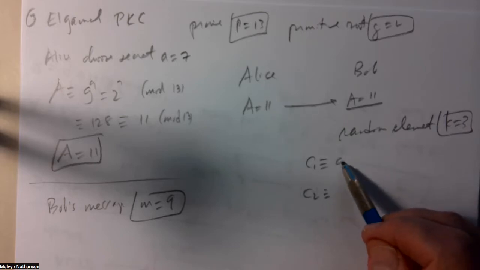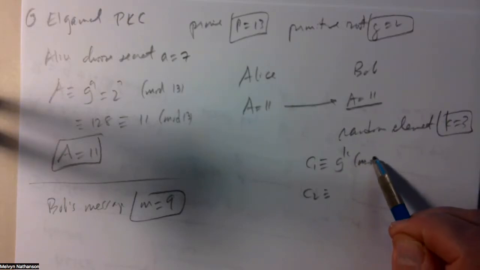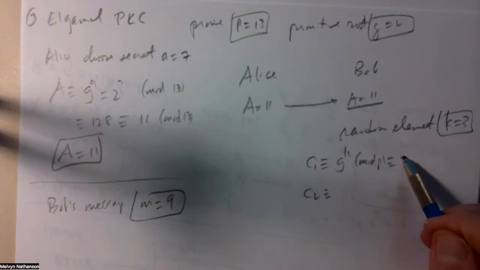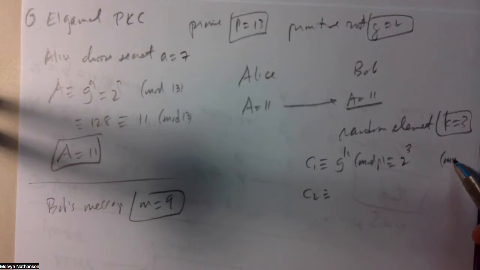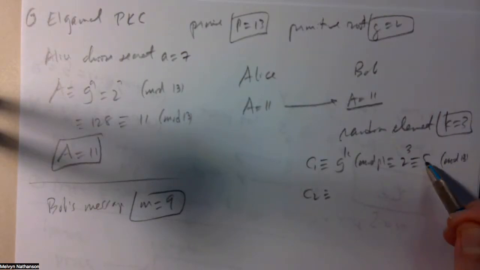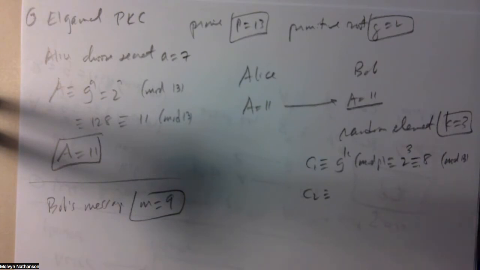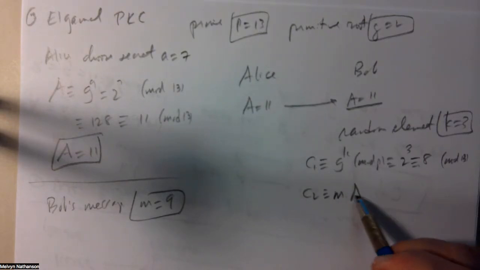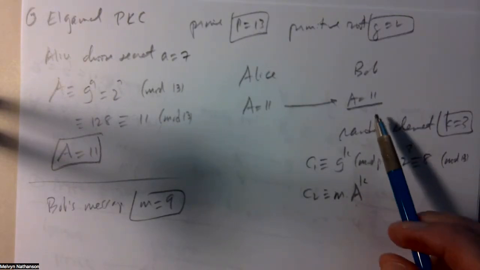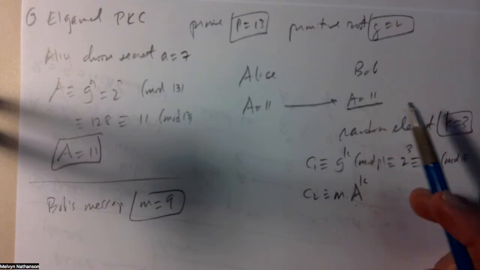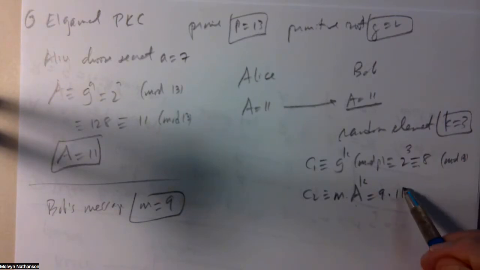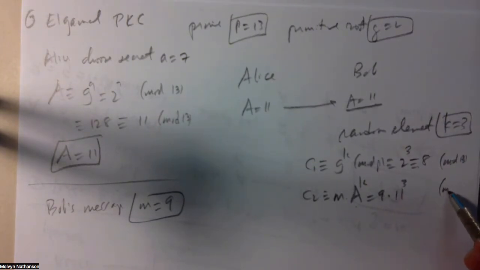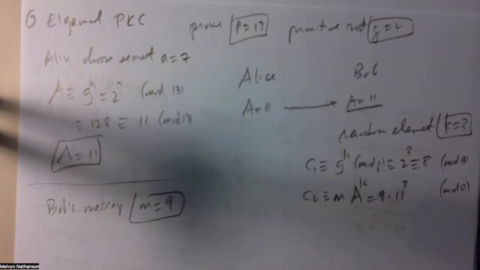So C1 is g to the k mod p, which is what? g is 2, k is 3, mod 13. 2 cubed is 8. So C1 is 8. And C2 is the message m times A to the k. Capital A is the number that Alice sent him. m is 9, so this is 9 times 11 cubed. And we want to reduce that mod 13.